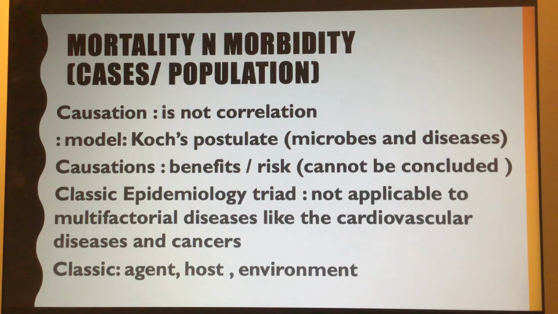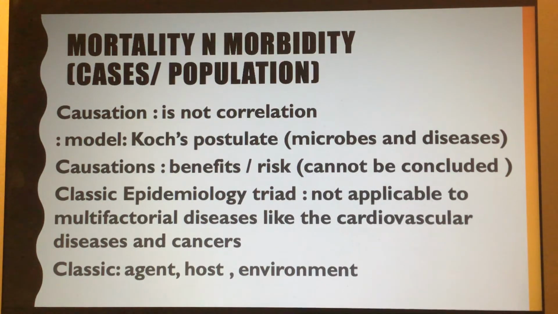So causation: remember, causation is not correlation. What is correlation? Correlation is the measure of the strength of the linear relationship between two variables. And remember, these two variables must be quantitative, not qualitative, for correlation.